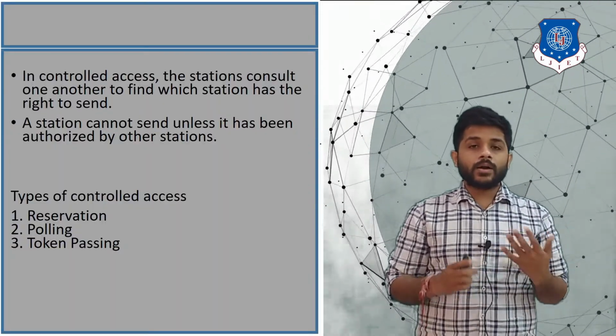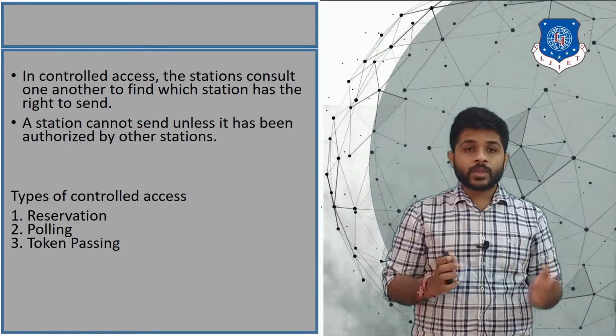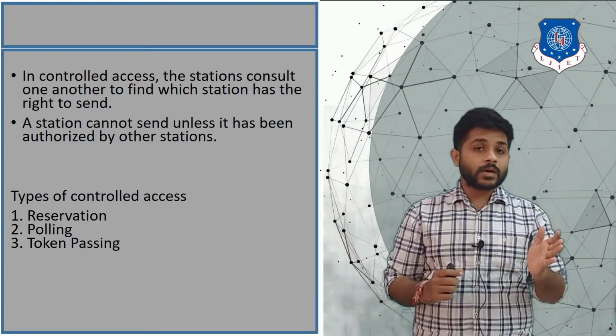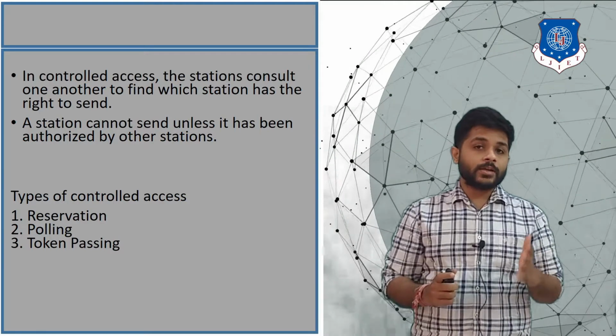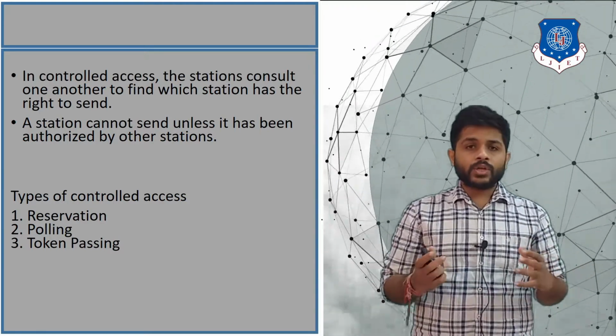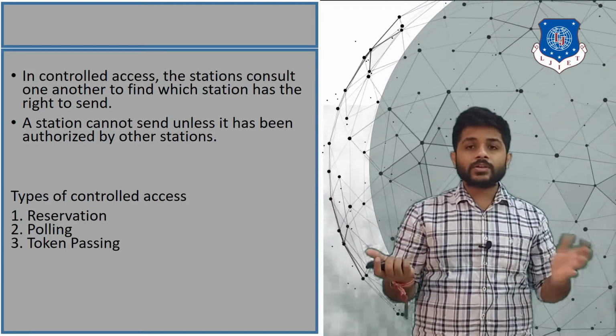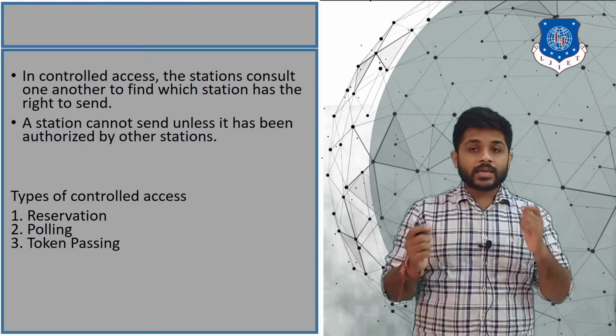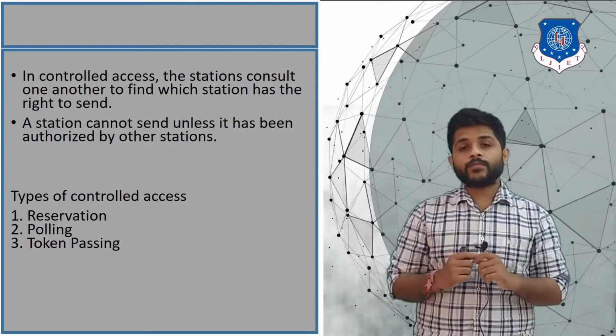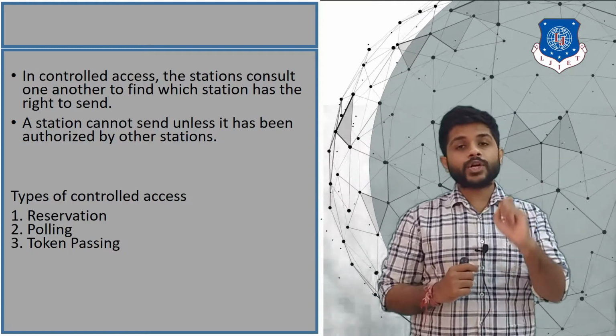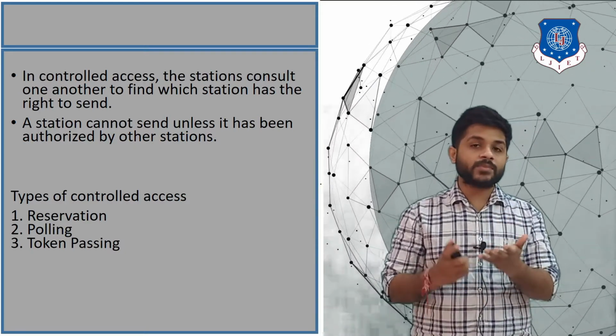In the control access protocol, the stations consult one another to find which station has the right to send. So all the stations cannot send data at any time. They will send data at a particular time, when they have some privileges or permissions.